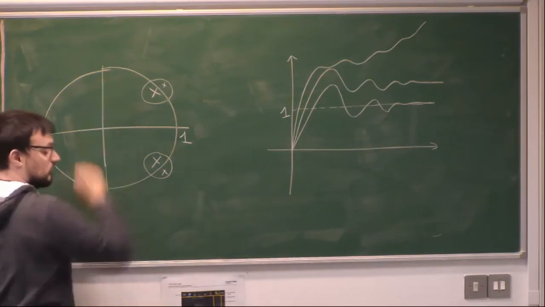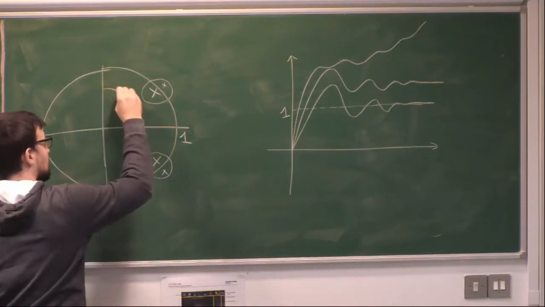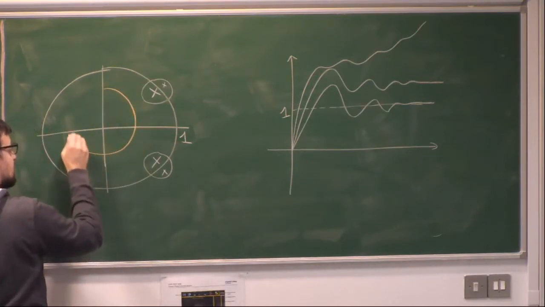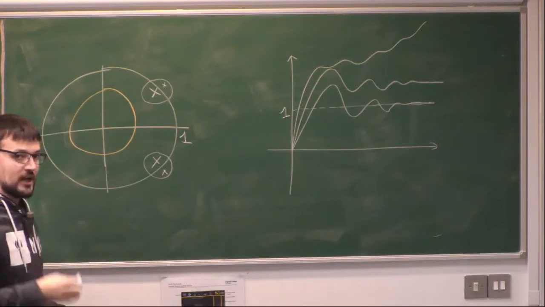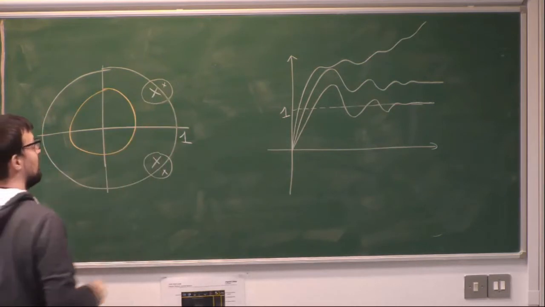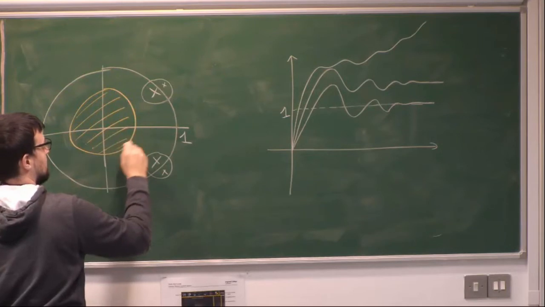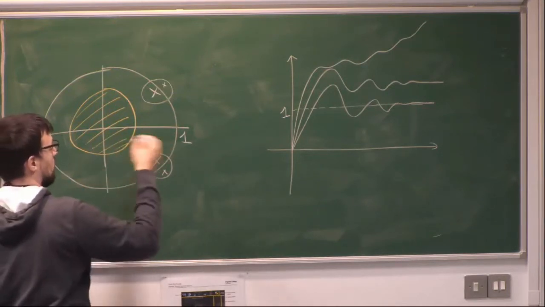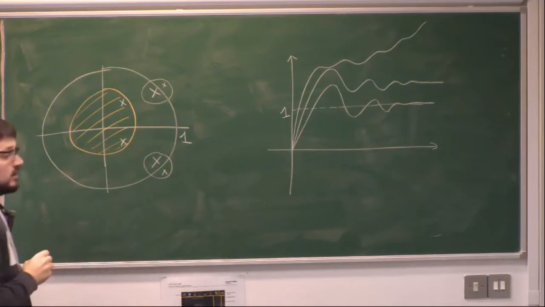What we do is put a circle inside the bigger circle, okay? And now our control objective is not to put the poles inside the circle of radius 1, but to put all the poles inside this smaller circle, okay? So when we do the control, we will obtain two poles here, for instance.